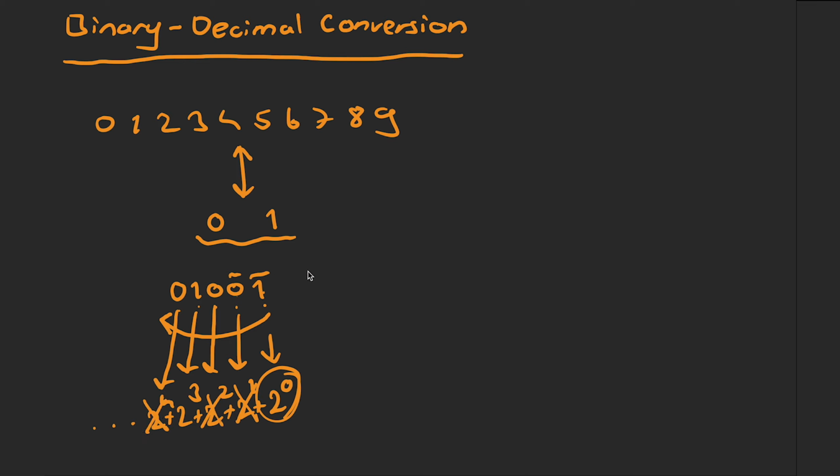So the decimal value of this is actually 2 to the power of 0 plus 2 to the power of 3, which is 1 plus 8, which is 9. So the entire equation of this goes like x, which is either 1 or 0, times 2 to the power of n, where n is the number of the digit.